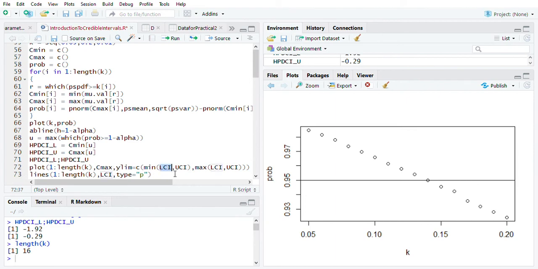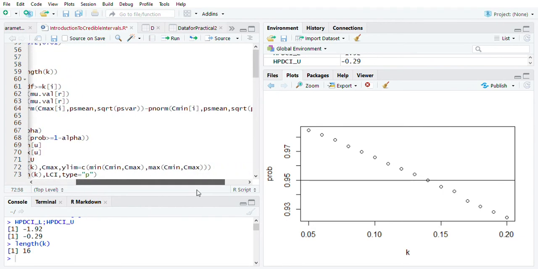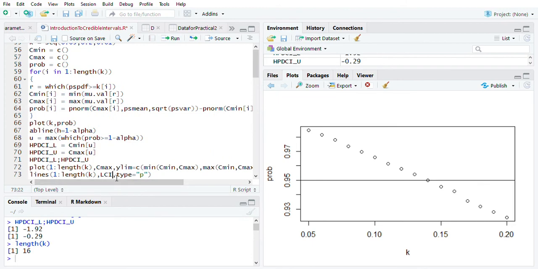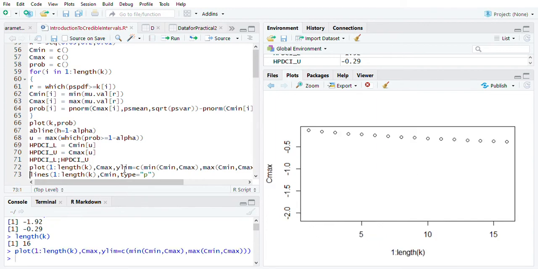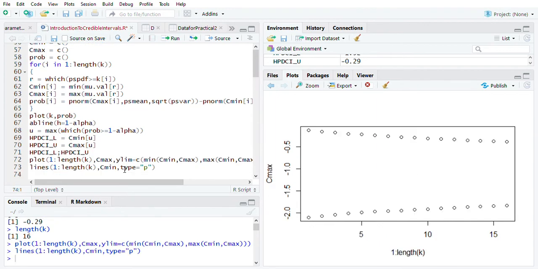Now the minimum of Cmin and Cmax should be considered as the lower limit of the y-axis, and the maximum of the two should be considered as the upper limit of the y-axis. So these changes are made here. So see, let us try to plot it.